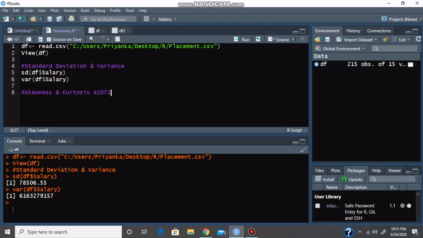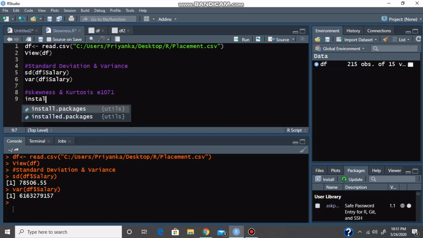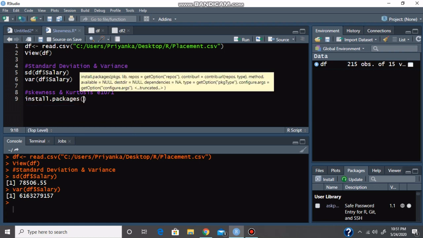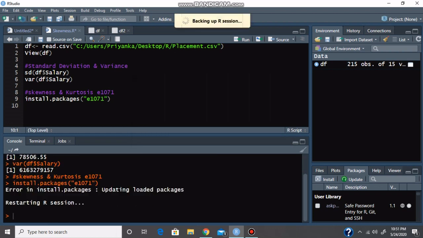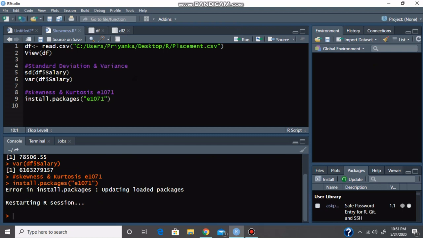We already know how to install a package, so we'll use install.packages, and we can simply write E1071. When I run this, since I have already installed it before, it gives me a little warning, and it is restarting my R session. So I already have this package now.